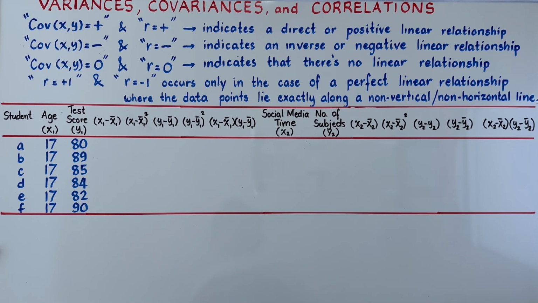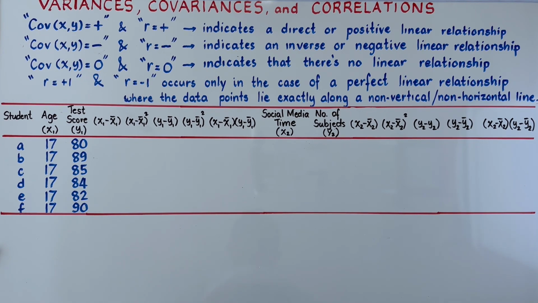And for the special cases wherein the correlation coefficient value is positive 1 or negative 1, this occurs only in the case of a perfect linear relationship where the data points lie exactly along a straight line, but this straight line is a non-vertical or non-horizontal line.